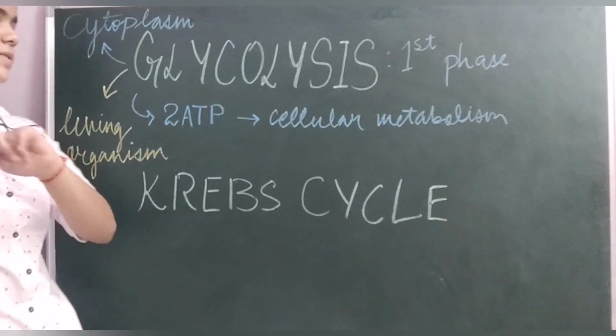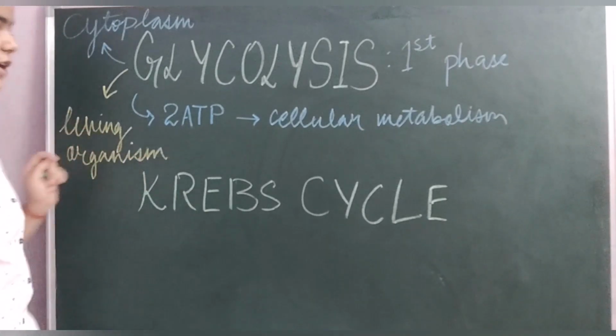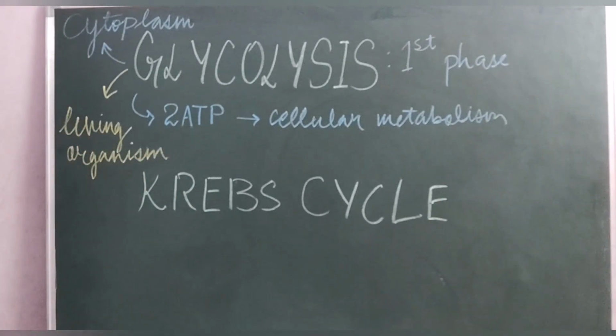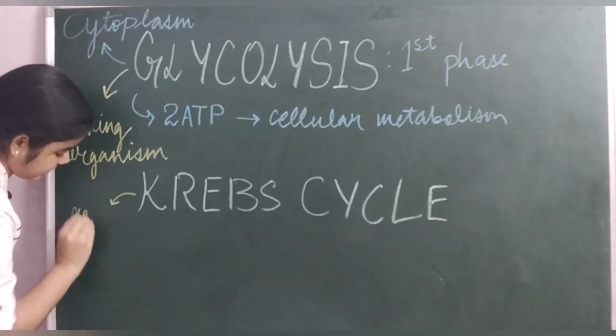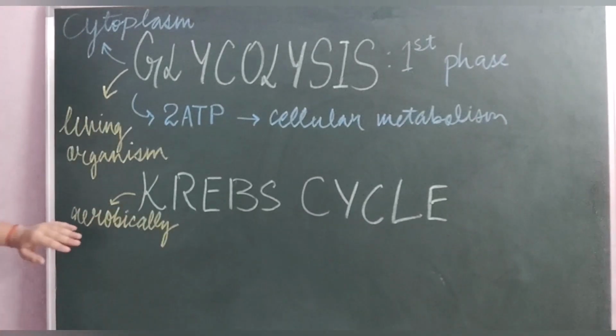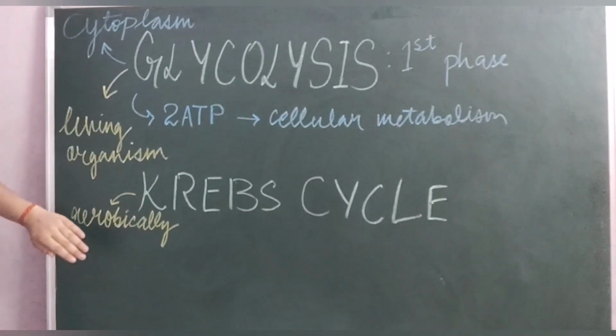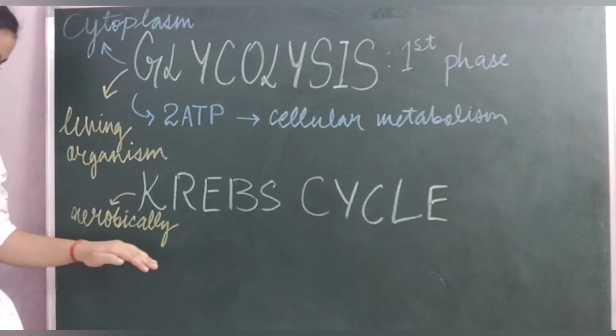When we talk about Krebs cycle, it occurs only in aerobic respiration. We cannot directly say that it is present in all living organisms, but only in those organisms which respire aerobically. You have known that plants also respire aerobically.